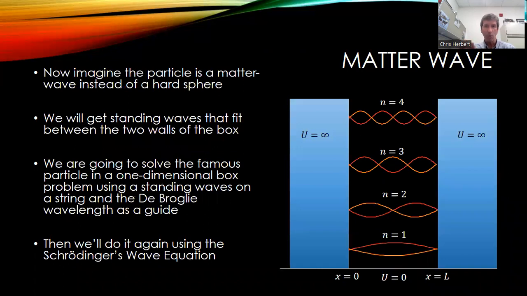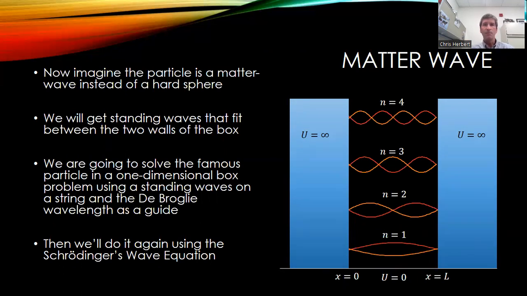So what if we replace our particle, which has definite position, definite momentum, instead with a wave? Well, we're going to replace it with a matter wave. Now, again, for a macroscopic ball, the wavelength would be so ridiculously small, it wouldn't really make sense here.